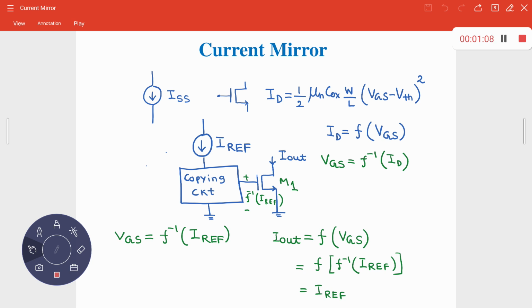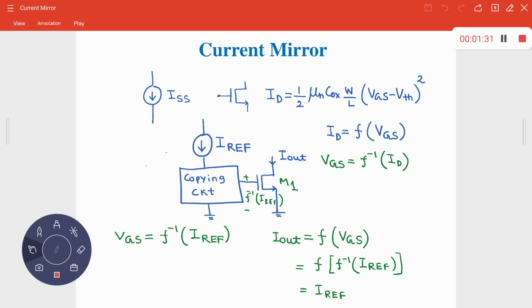And hopefully, you have observed the use of the current source more than anything else in this particular course. We have used the current source as a biasing element, and in most cases you have also used the current source as a load. That means whenever you are using a current source, you'd like to have a constant current.